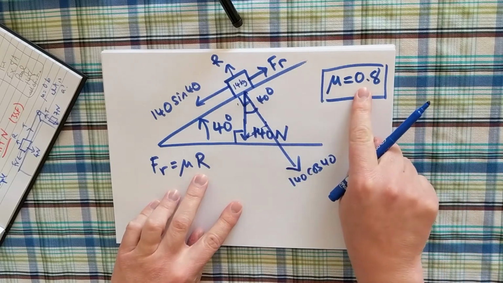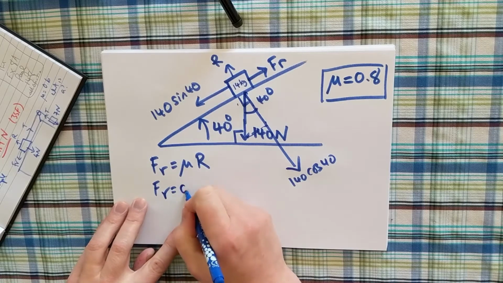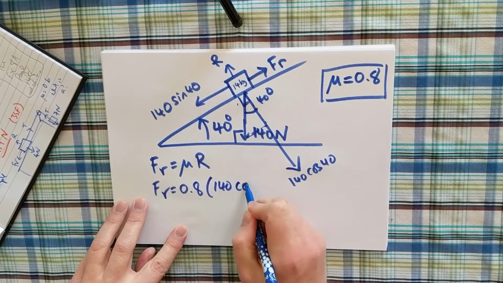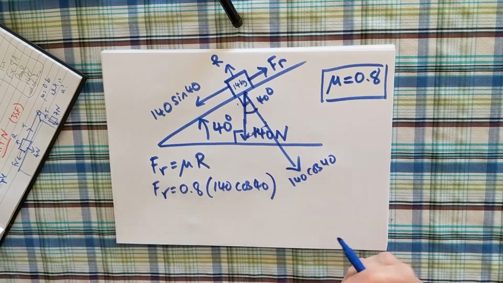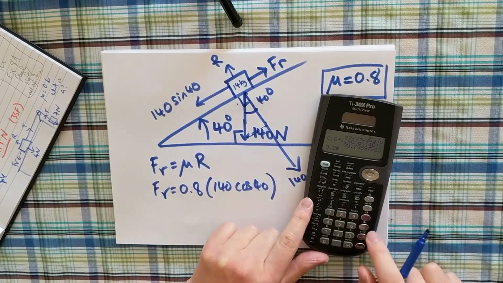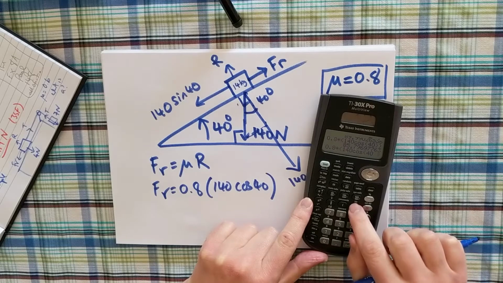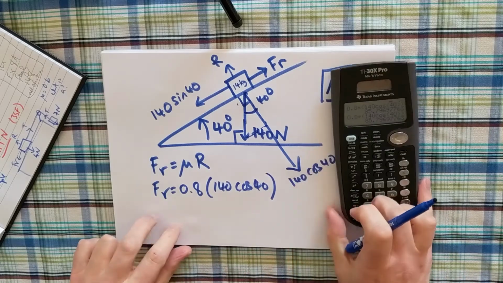We've got the value of mu, so that means we can work out the frictional force is 0.8 times 140 cosine 40. And then we can use a calculator to work that out. Let's have a look at the size of that. 0.8 times 140 cosine 40, close brackets, that gives me the frictional force is 85.8.